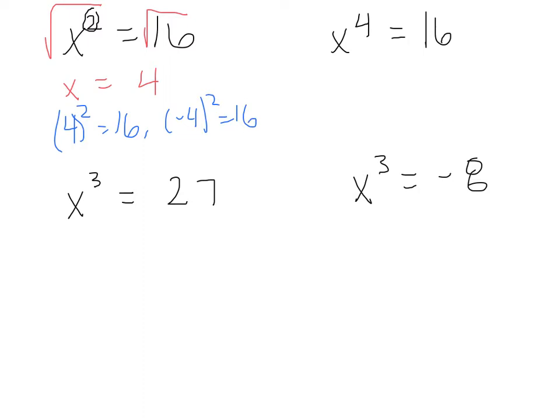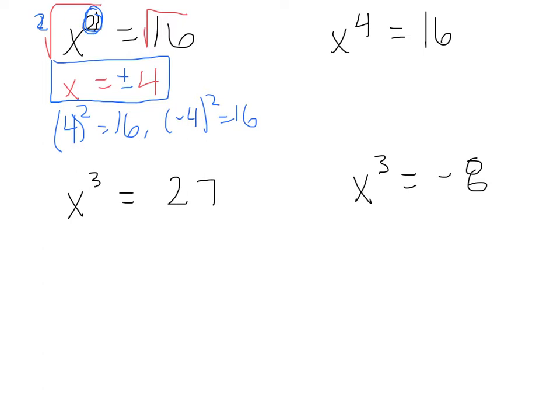So whenever you have an even root like this, you are always going to have a plus or minus. So in this case, x is equal to plus or minus 4. An even root gives you plus or minus because it could be either or.